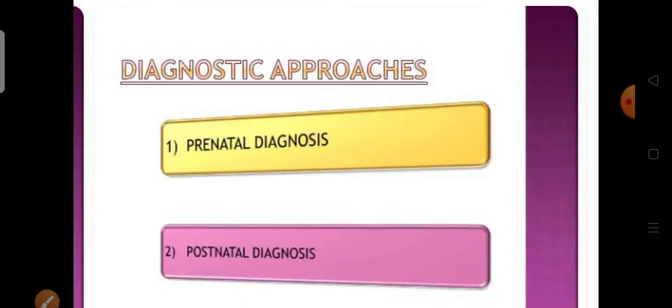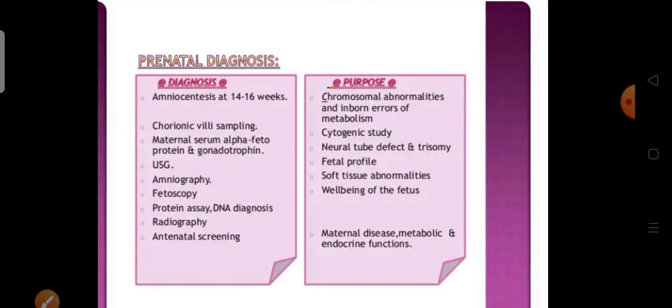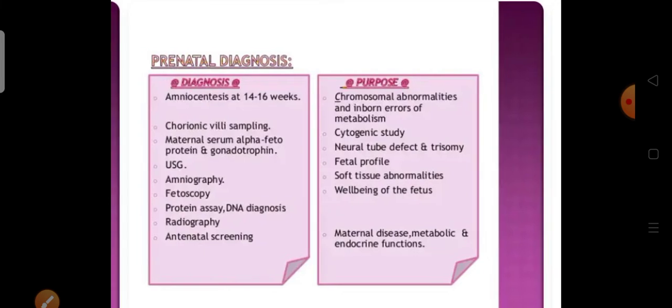Okay, how can we diagnose the problem of the baby early? Prenatal diagnosis and postnatal diagnosis. In prenatal diagnosis, amniocentesis: they examine the amniotic fluid in the womb of the mother, at 14 to 16 weeks. What is the purpose of amniocentesis? To find out chromosomal abnormalities and inborn errors of metabolism.